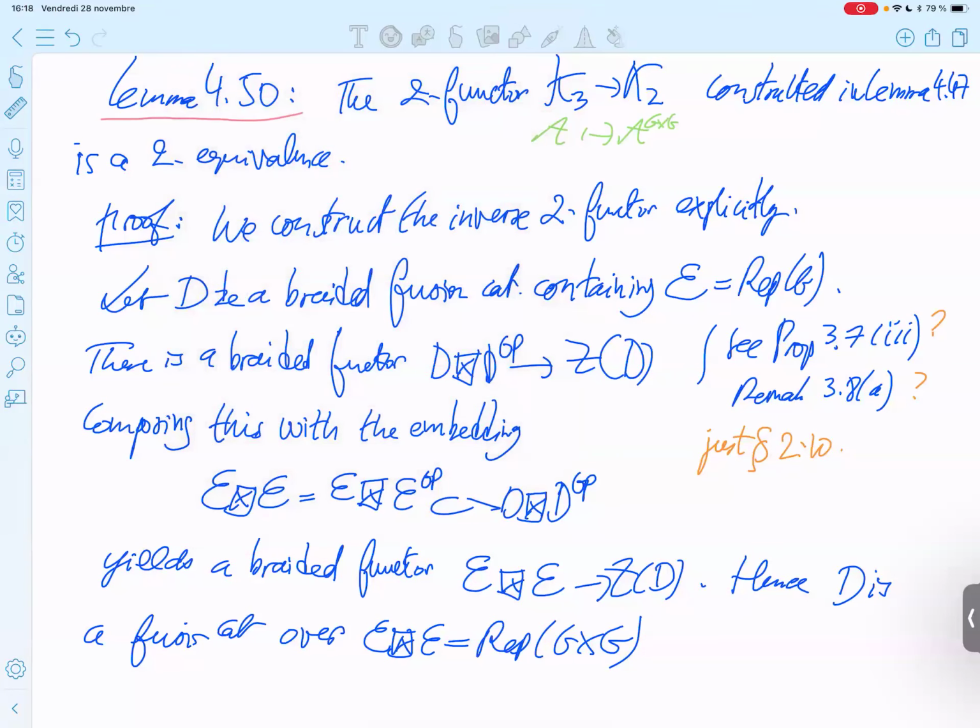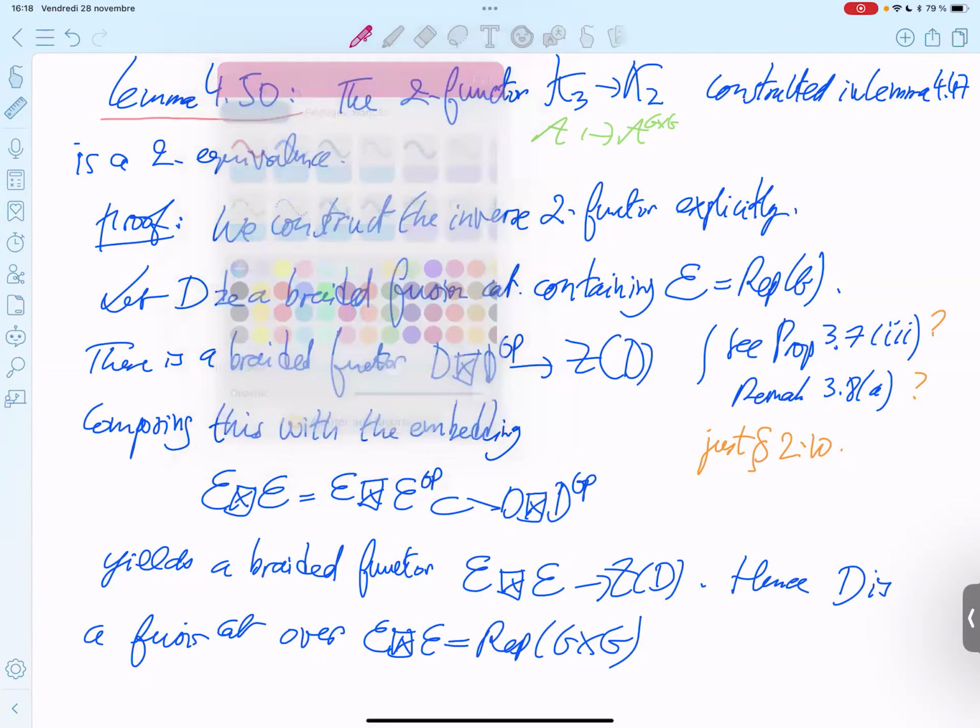Because remember the notion of over for a fusion, you have this central via, you have this. And this is a fusion category over TAC. So interesting.